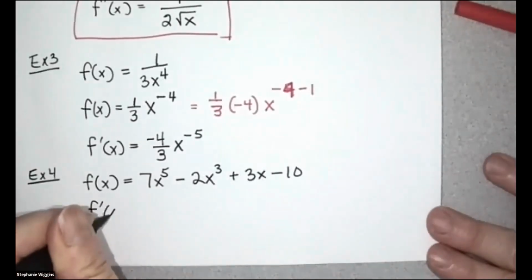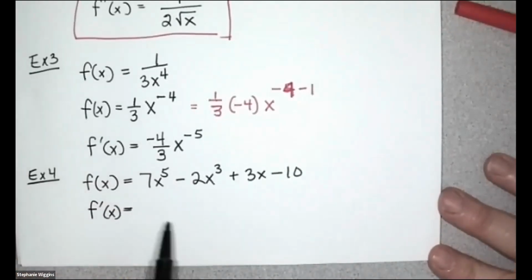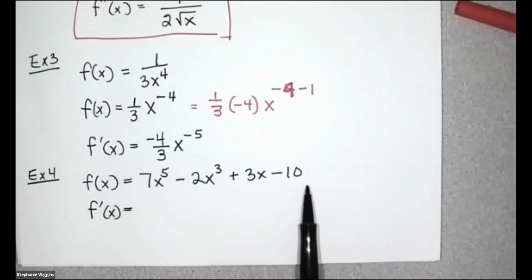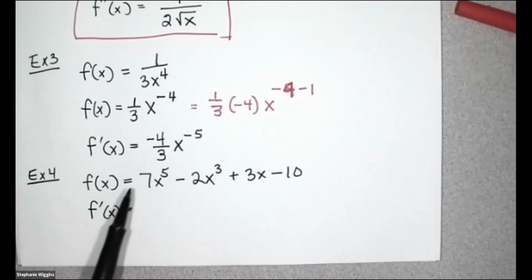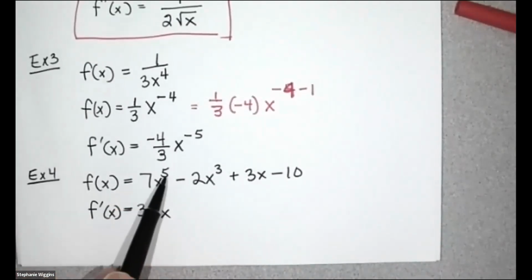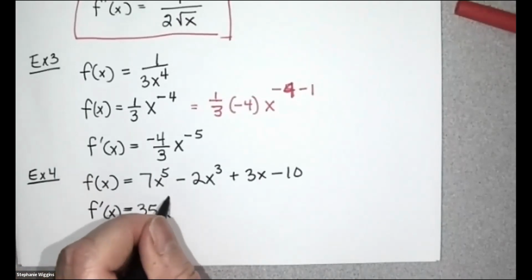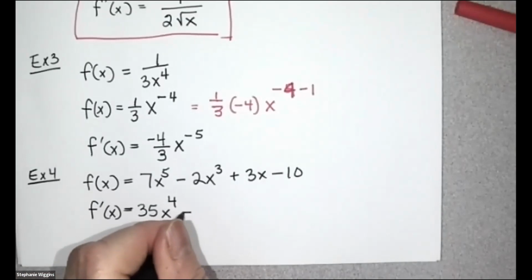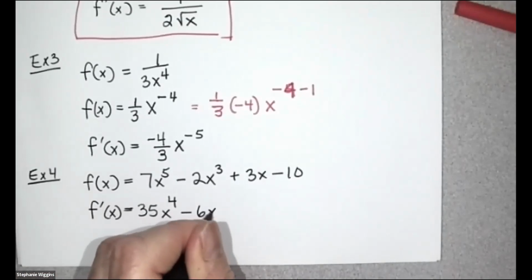So when we take the derivative, just starting with the first term, and we're allowed to do each term separately because of that sum and difference rule. So 5 times 7 is 35, and then we subtract 1 from the power to give us 4. 3 times -2, that's -6.